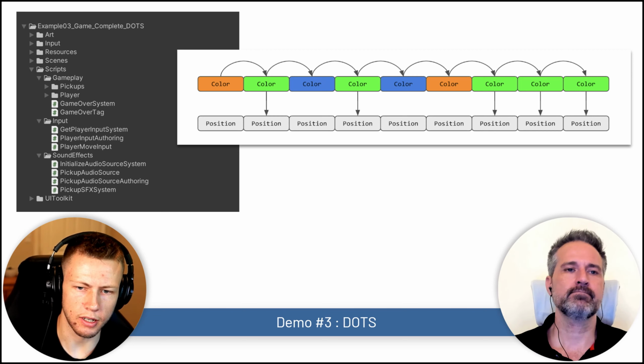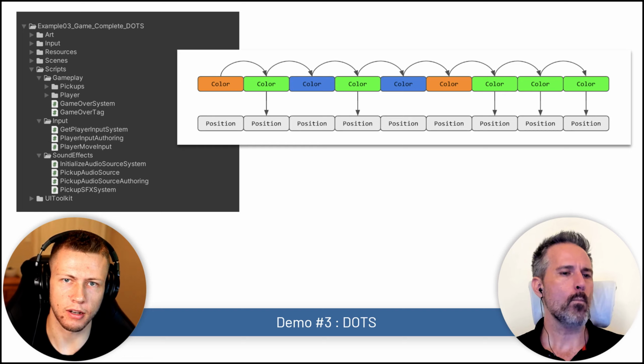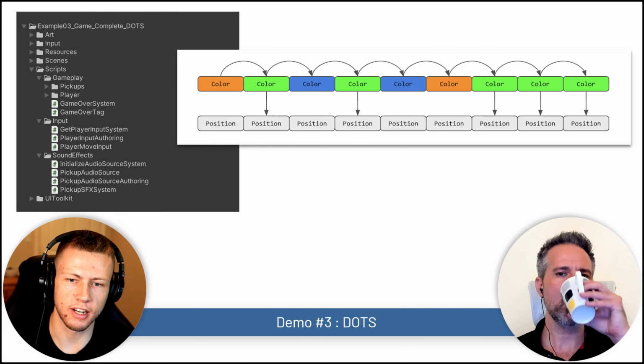Yeah, totally. Again, I think one of the things that I briefly mentioned was about how modular data-oriented design can be, and I think really that just is because we have that separation of the data from the systems. So any entity that has any particular data components on them, we can say just remove those data components, add some new data components on, which really actually ends up changing the functionality, because our systems are going to operate on entities with specific data component types.